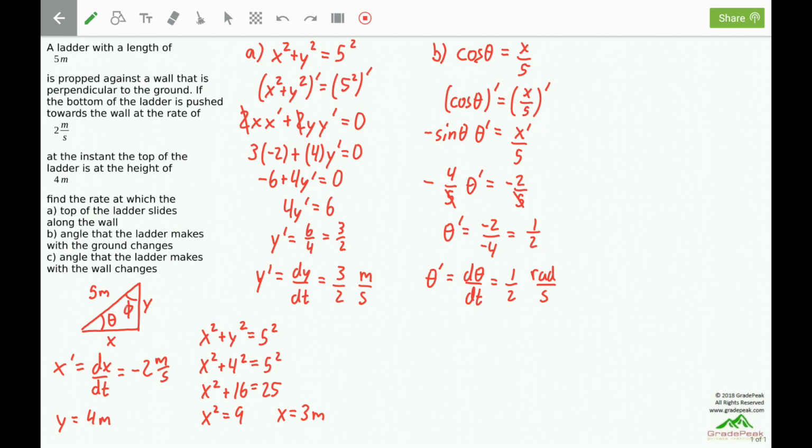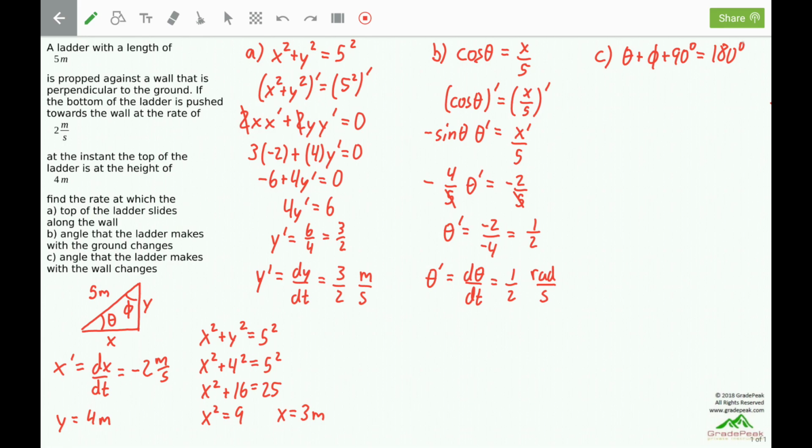Now again, we can use a trig function, or another option, now that we've found the rate of theta, the theta prime that we just found in part B. We can relate phi and theta through a more simplified formula, because theta plus phi plus the 90-degree angle total up to be 180 degrees, because that is what comprises the entire triangle here.